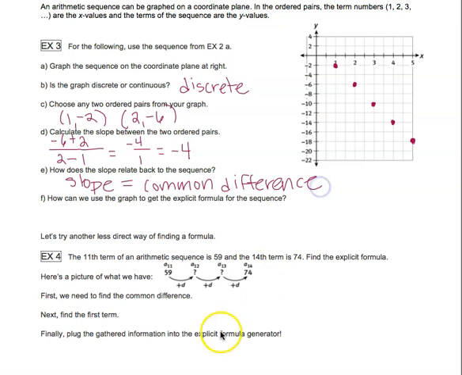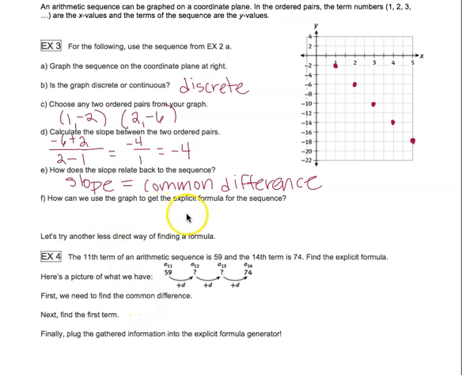This is always true with an arithmetic sequence. Even though we're not connecting the dots to make a line, they have a linear pattern, and the slope of that linear pattern is always going to be the common difference.